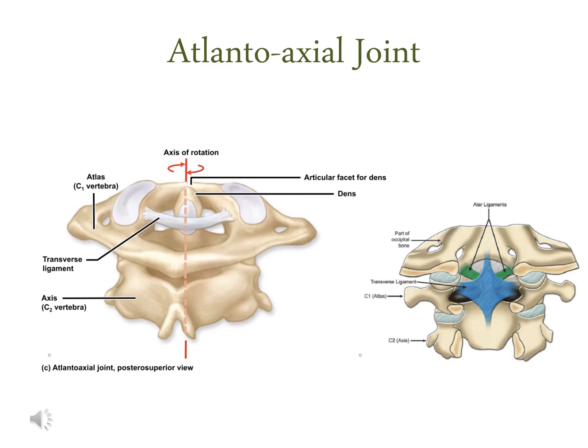This joint is limited posteriorly by the transverse ligament, and the tip of the odontoid process is attached to the base of the skull via what's called the alar ligament. The transverse ligament with the longitudinal ligament form what's called the cruciate ligament of the atlantoaxial joint.